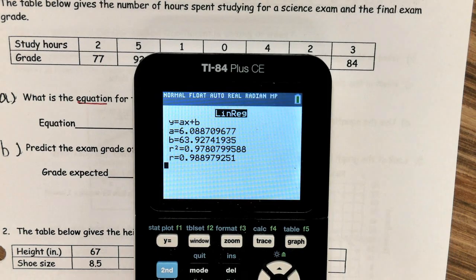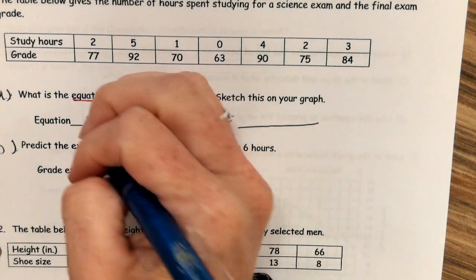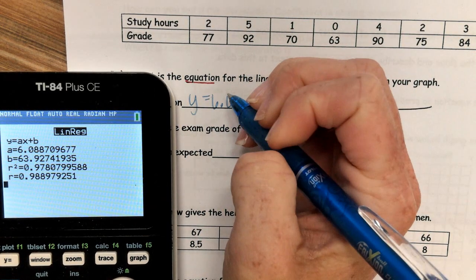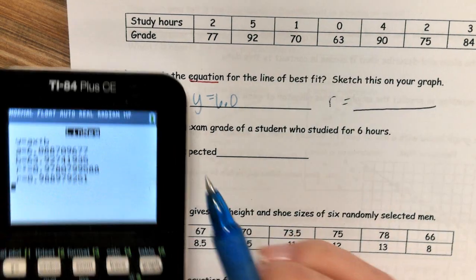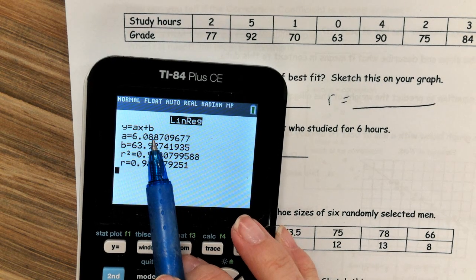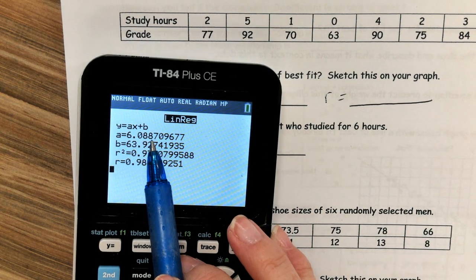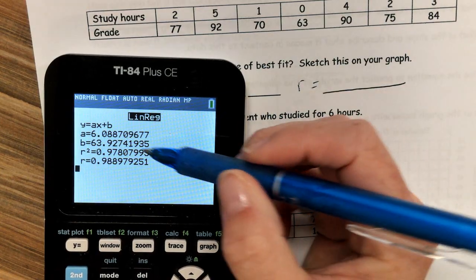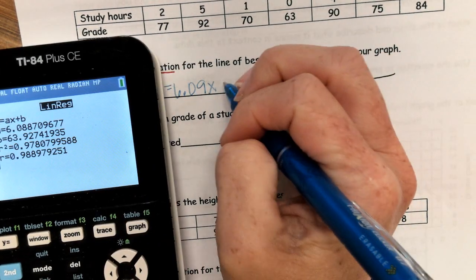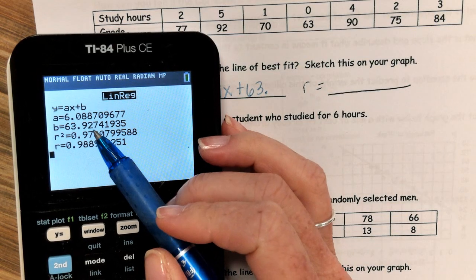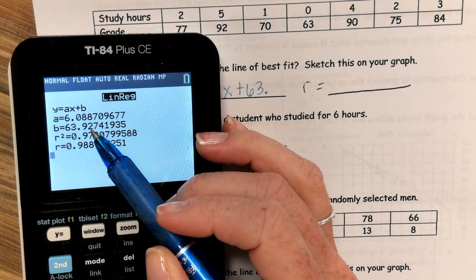All right, what would my equation be? Y equals 6.0 what? Why am I going to make it a 9? Because the number to the right is 5 or more. So 6.09x plus 63 point either 92 or 93.